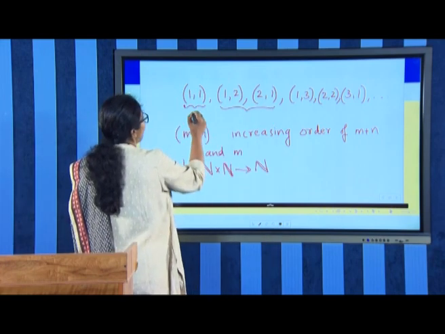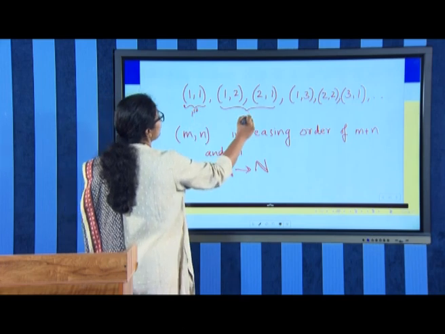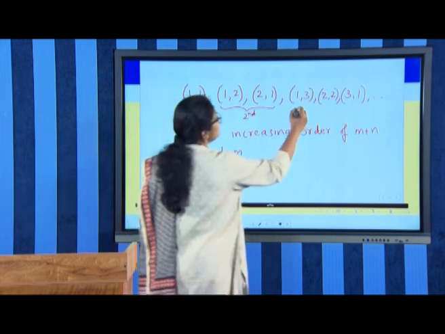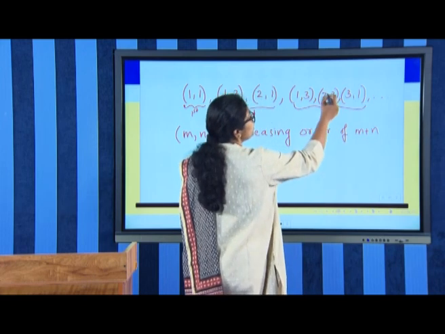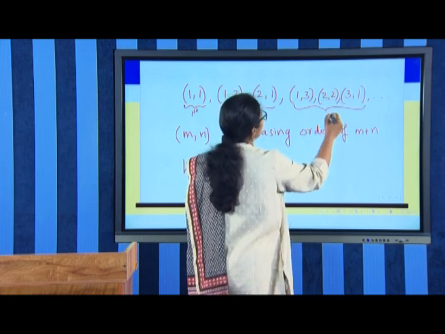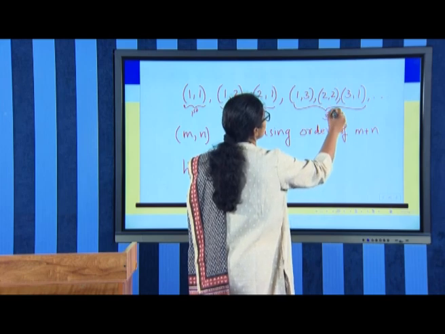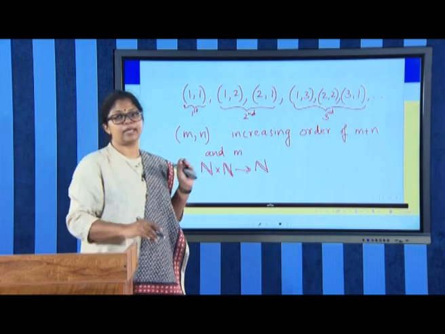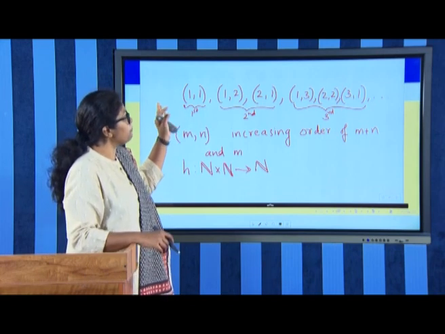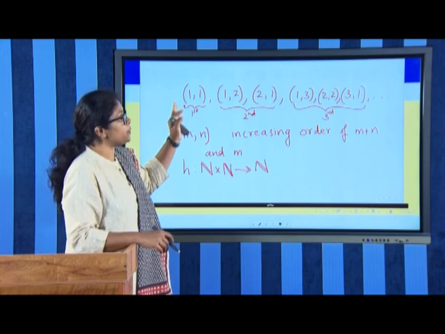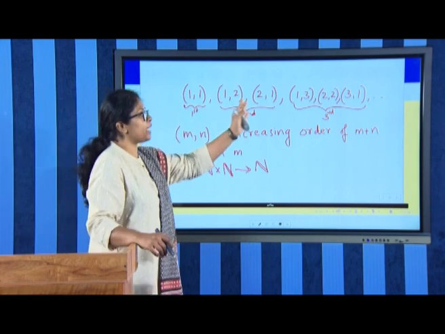The third diagonal contains 3 elements, namely (1, 3), (2, 2) and (3, 1). In general, the kth diagonal contains k elements: (1, k), (2, k minus 1) and so on up to (k, 1).